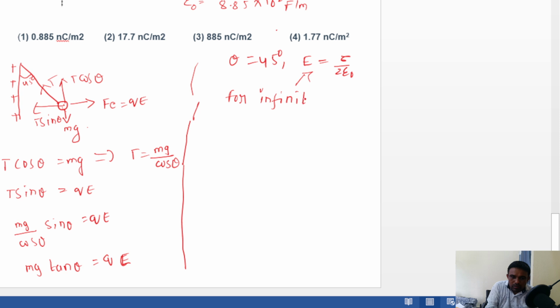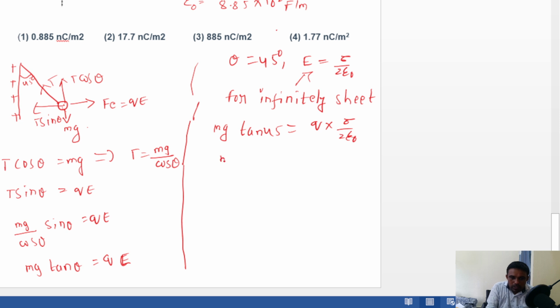This is the formula for the electric field intensity E for an infinite sheet. So now substitute in this equation: mg tan 45 is equal to Q into E, which is sigma by 2 epsilon naught.